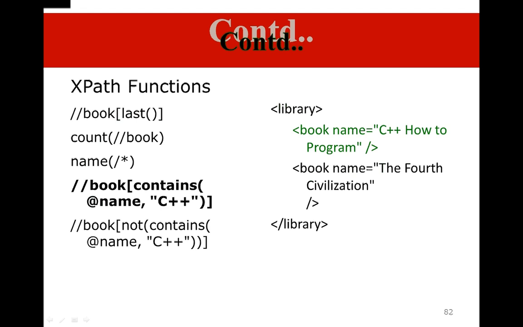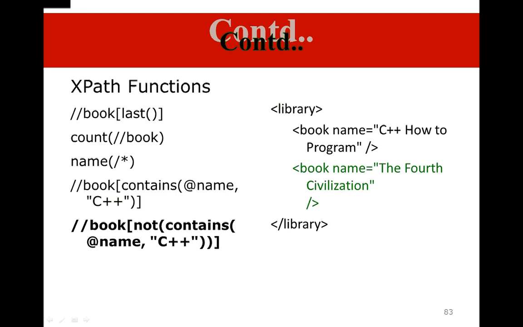Somewhere in the attribute value there should be C++. In the first occurrence of the book, if you observe, there is C++ here. That's why it is highlighted, that's why it is selected. And then it's like a reverse option, toggling, right? not contains means the books highlighted are those whose attribute value does not contain C++.